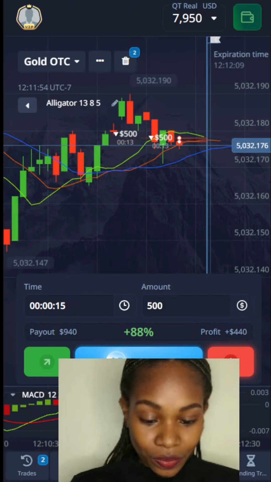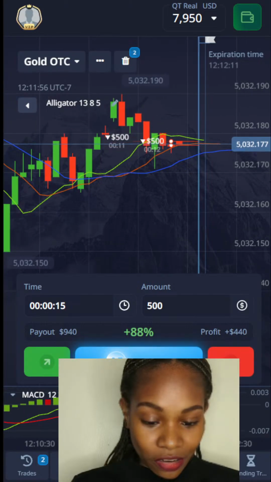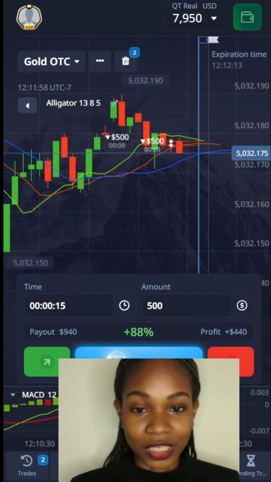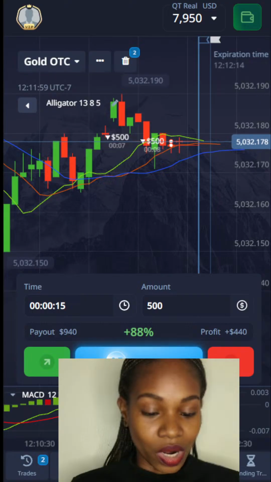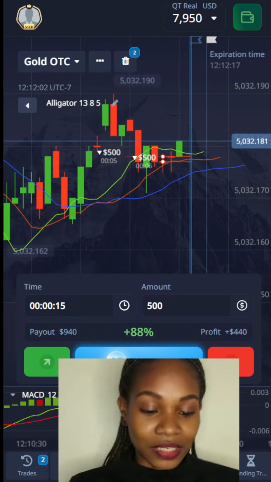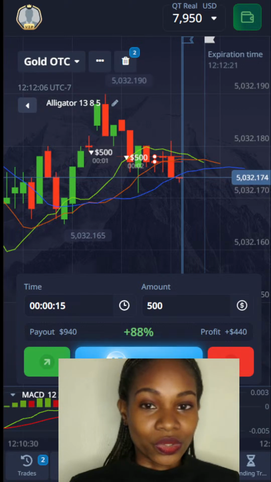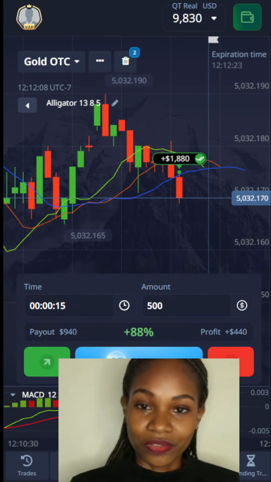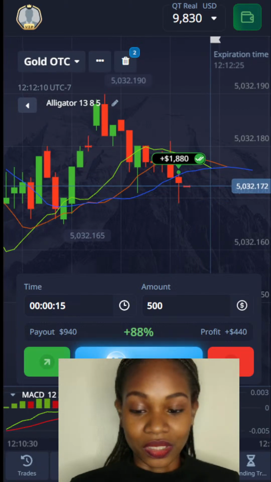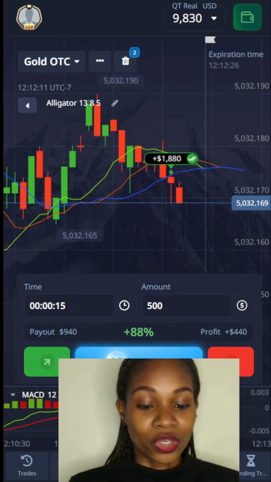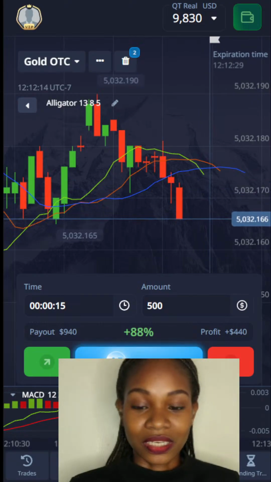Okay, so for the people that wanted me yesterday to go through the indicators once again, please join in. I'm just going to give a brief summary about it because these are the indicators that I've been using ever since I started live streaming.